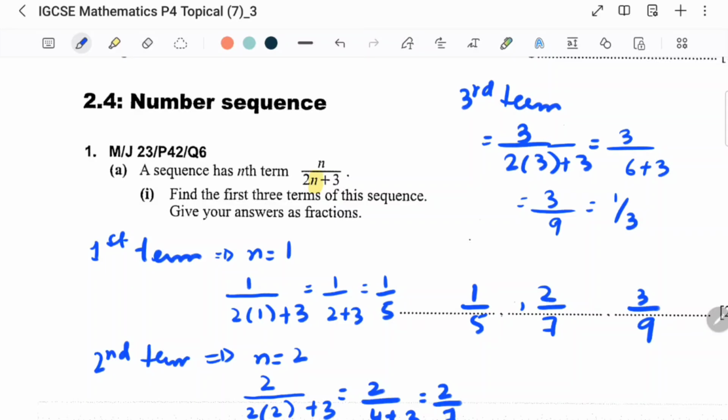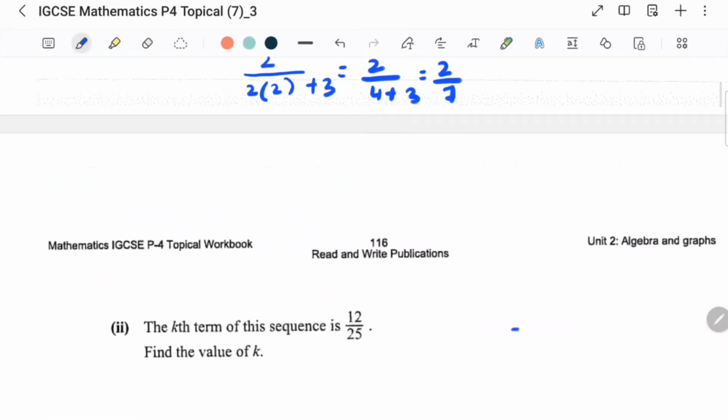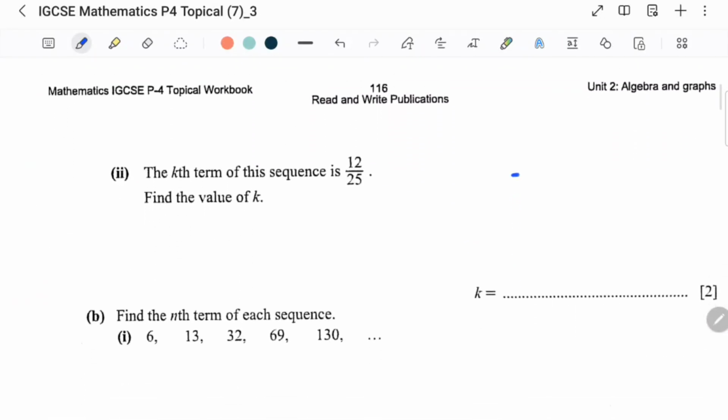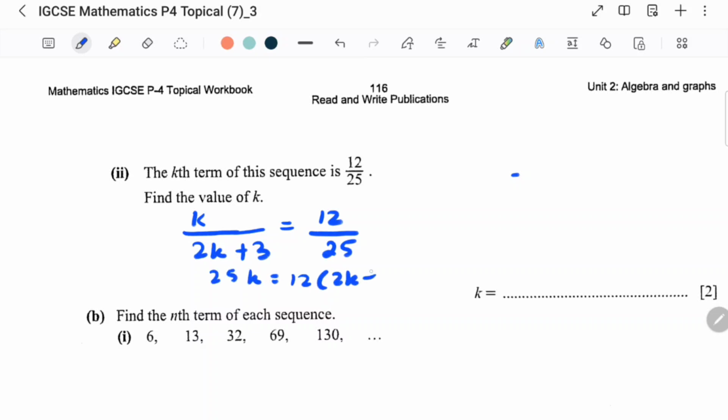All right, so now it's the second part. The kth term of the sequence is 12 upon 25. Find the value of k. So n upon 2n plus 3, you can write as k upon 2k plus 3. We are using the same sequence, equal to 12 upon 25. Now cross multiply. 25k is equal to 12 times (2k plus 3).